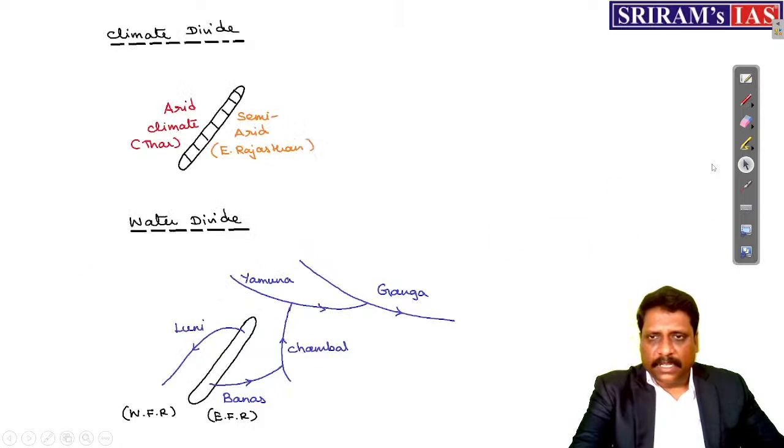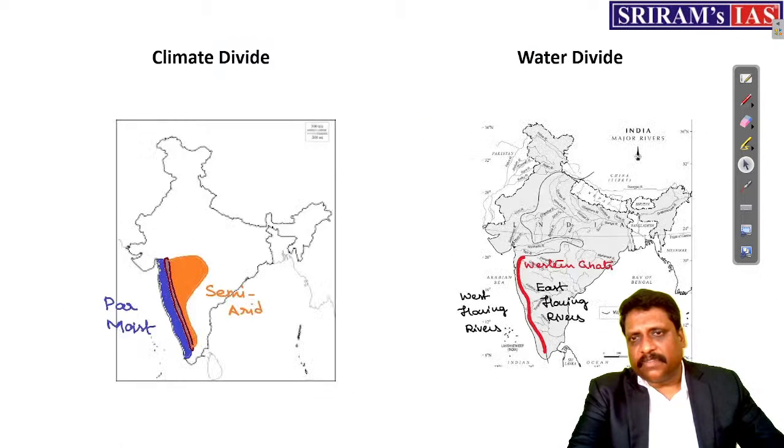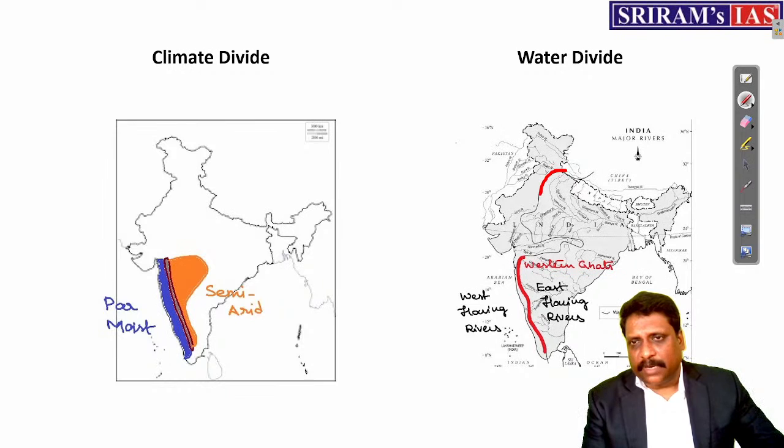Somewhere again, if I take this image for our reference, see, when I talk about the east flowing rivers and west flowing rivers, till here, I don't have a problem. But all of a sudden, here, you find one major deviation. Major deviation. Somewhere I can find it. Right? And this major deviation is all because of what?